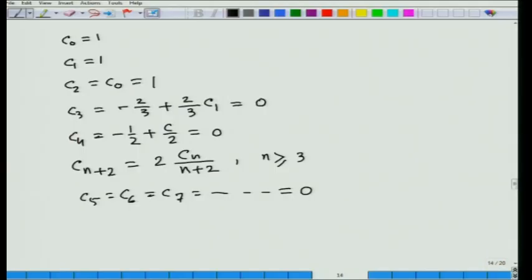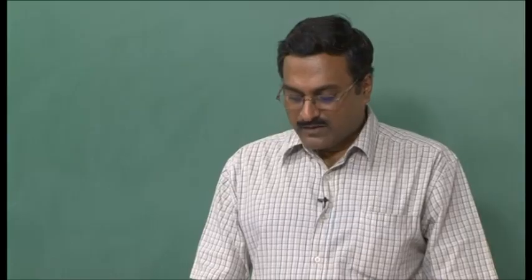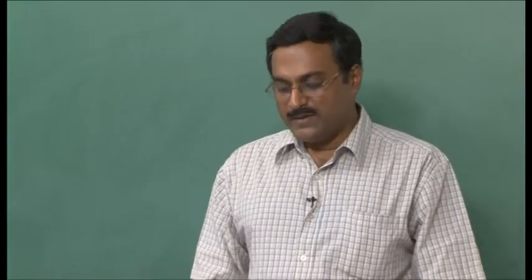So, although we have assumed an infinite series as a solution of the given problem, we landed at a solution that is given by 1 plus x plus x square. There are no other terms involving higher powers of x. So, this is clearly a polynomial which is a solution for the given problem.